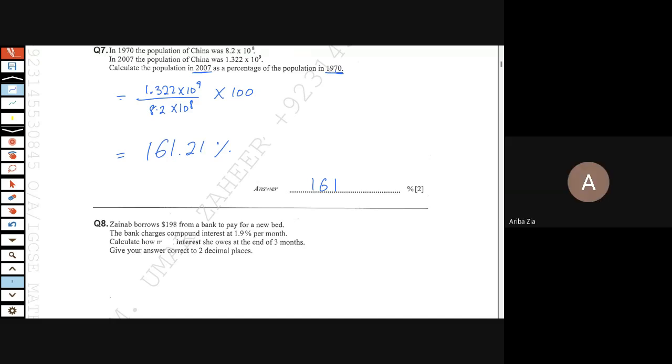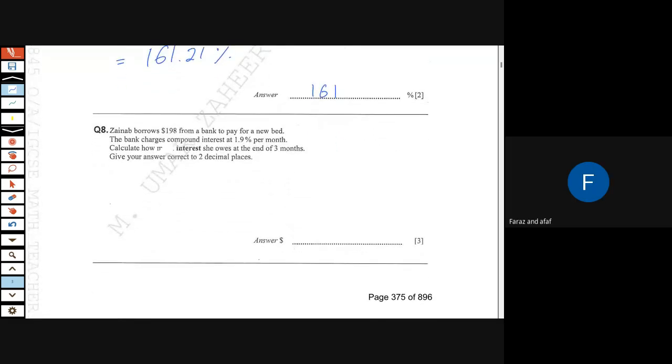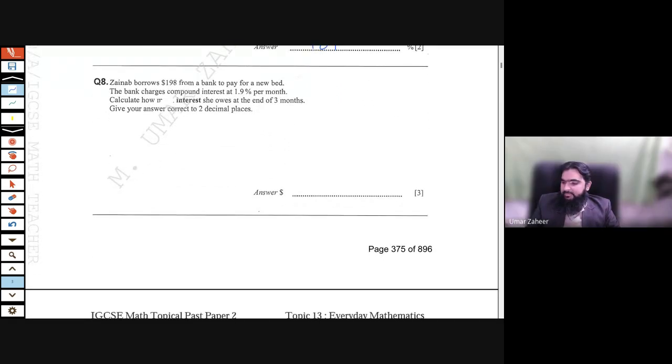All right, the next one is: Zainab borrows $198 from a bank to pay for a new bird. The bank charges compound interest at a rate of 1.9% per month. Calculate how much interest she owes at the end of 3 months.